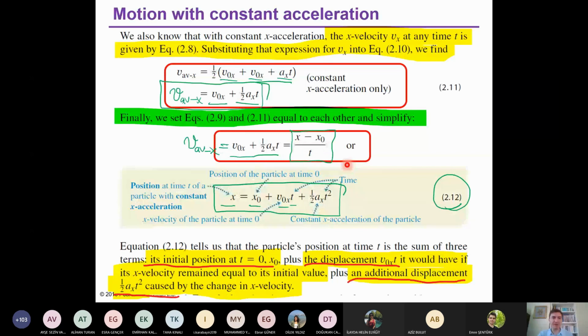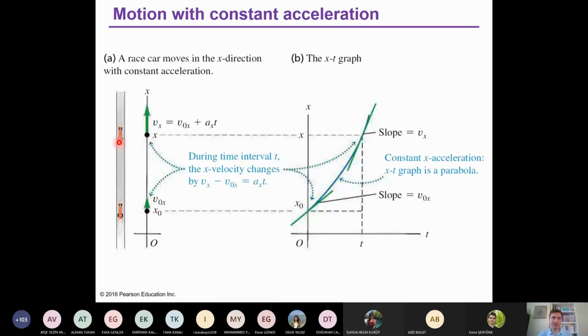We have a dragster, a race car, that moves in the positive x direction. Let's say this is the origin, this is the positive x direction, and this is the initial position of the car, x0. This is the initial velocity of the car when the time is 0, v0x, and this is the final position of the car, x, and this is the final velocity of the car.